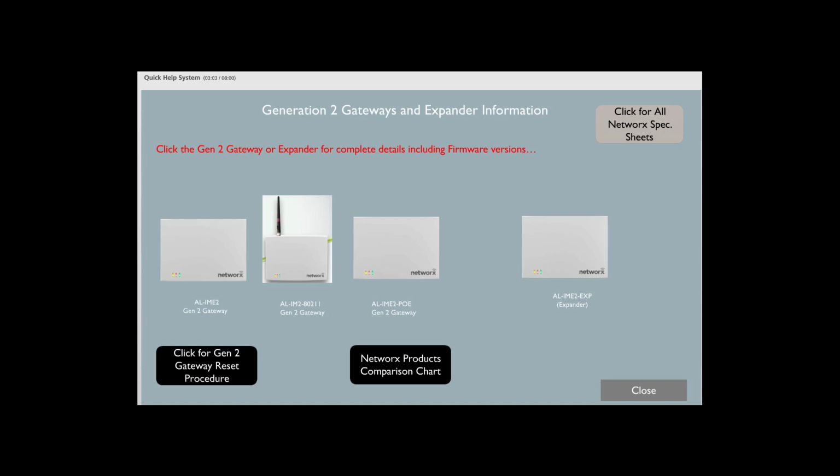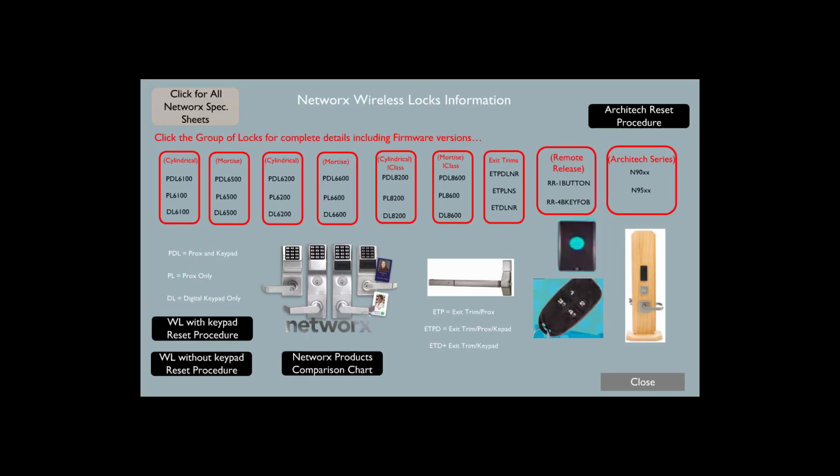The next screen displays all the supported Trilogy Networx and Architect Networx wireless locks that can integrate with the CA4K software. In addition to the Trilogy Networx wireless lock part numbers, a few basic Architect series part numbers are displayed. The Architect series of locks include many options and features, and there are a wide range of part numbers.